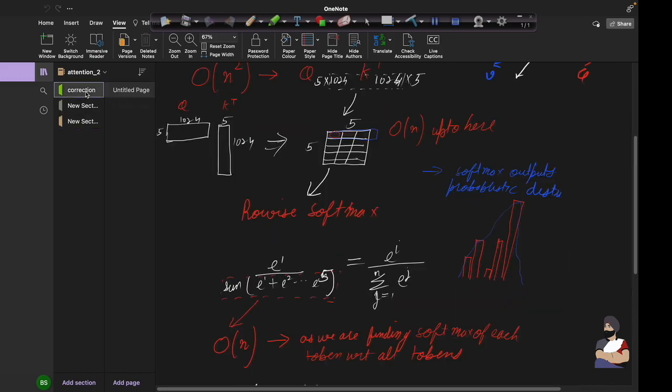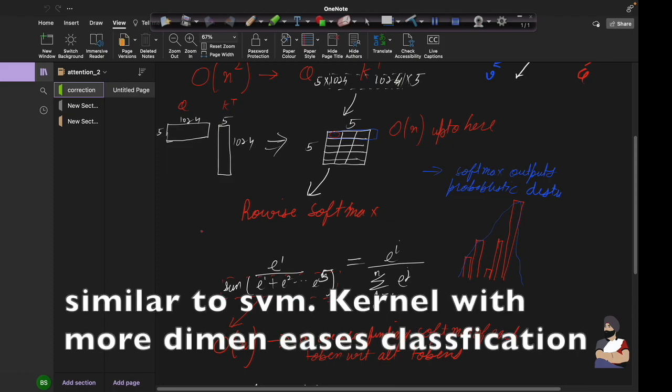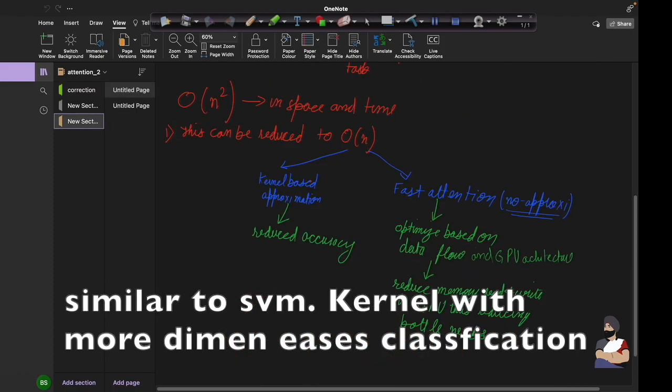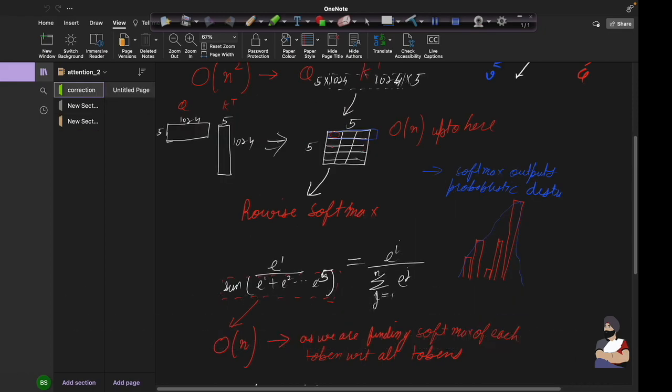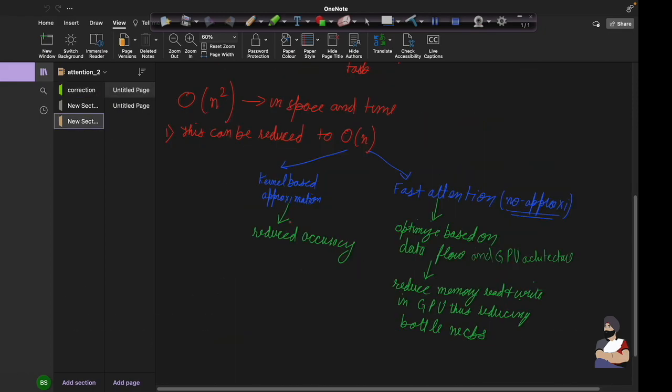They are replacing the row wise softmax with some other higher dimensional kernels, and after increasing the dimensionality, the classification is very easy. But there is one caveat: it reduces the accuracy to some extent. So there is a trade-off, and we can balance the accuracy and the complexity.